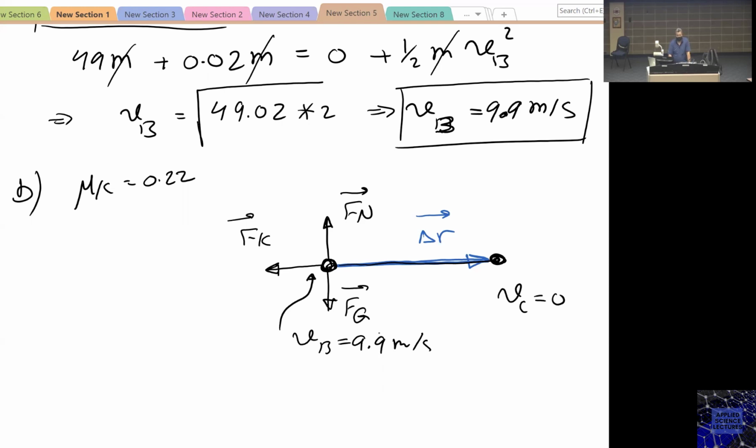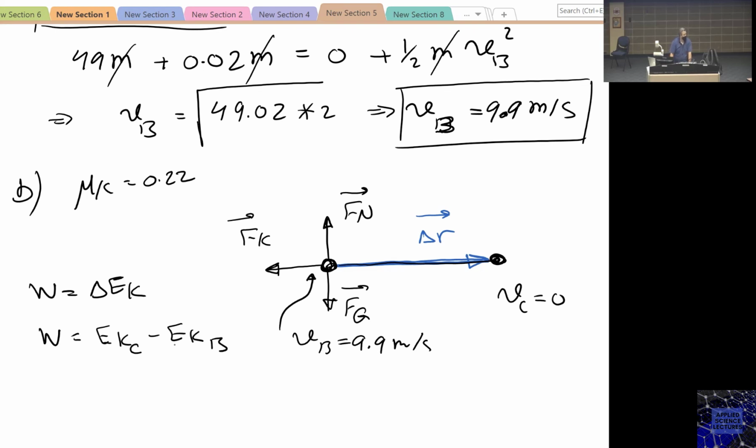Okay, so one of the ways that we have seen before is to apply the work energy theorem. In the work energy theorem, we have the net work W equals delta EK. In this case, W equals EKC, which is the final, minus EKB.